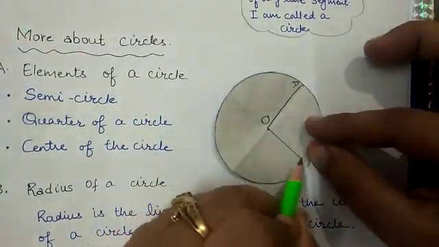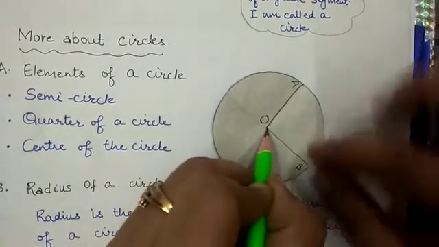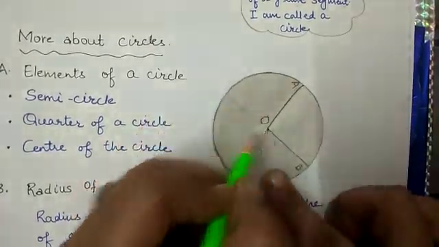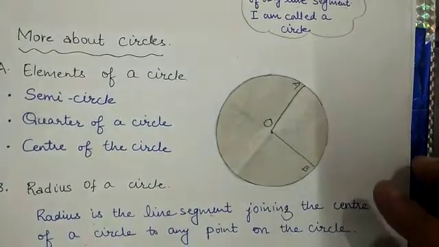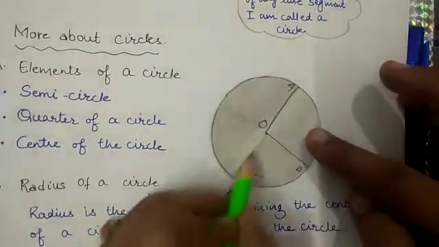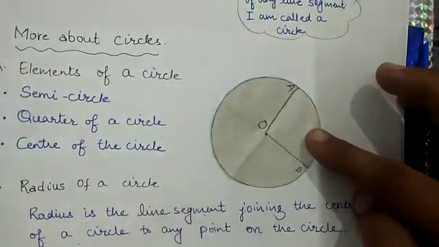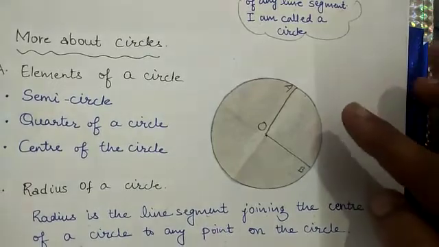Similarly, we can join in this way, or any line segment from the center to any point can be joined to get the radius of the circle. It means I can draw a number of lines from the center to any point. That is, there are so many radii of a circle.